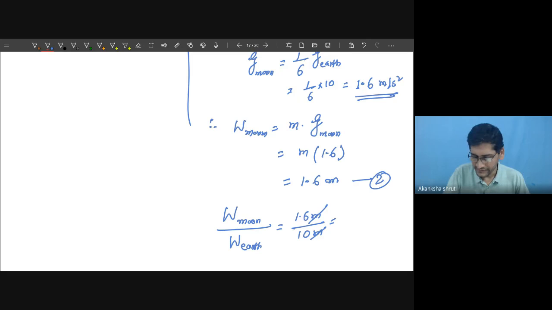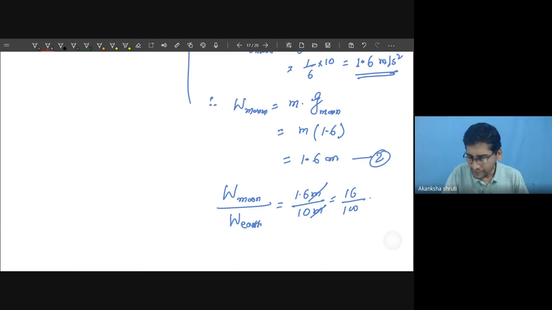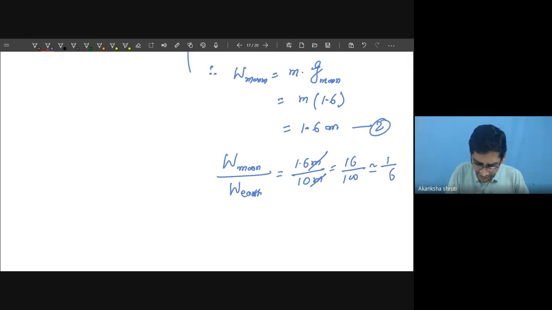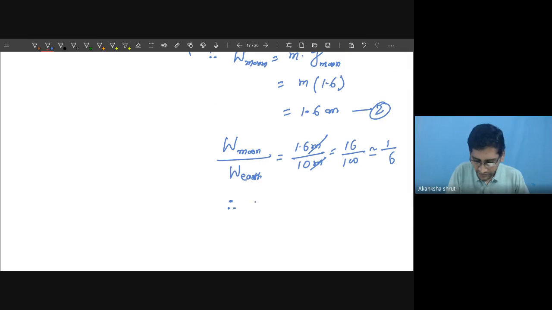It is approximately 16 by 100, or approximately it is nothing but 1 by 6. Therefore weight on moon is just 1/6 the weight of the body on earth.